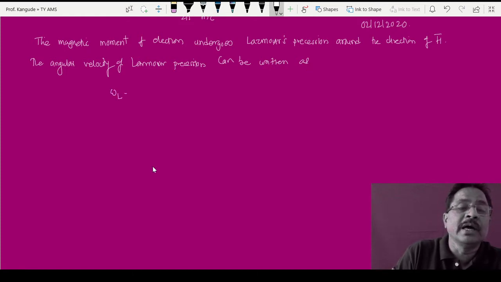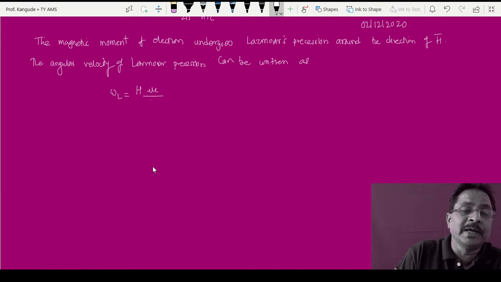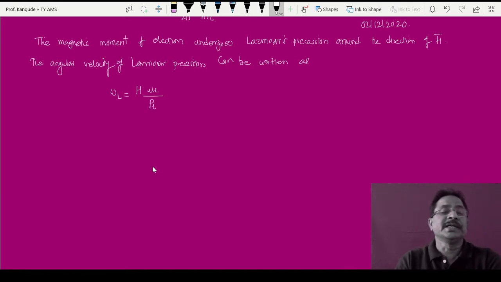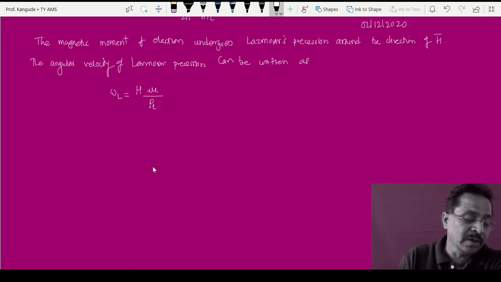This omega L, Larmor's frequency of this precession, is given by capital H into mu L, magnetic moment of this atom, and this is divided by its orbital angular momentum, that is given by PL. Okay, so H into mu L upon PL.